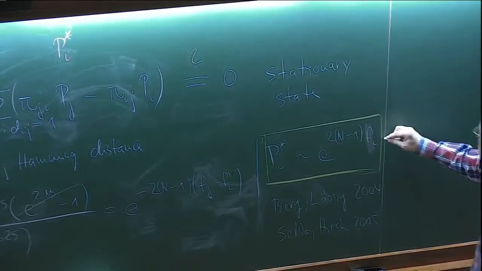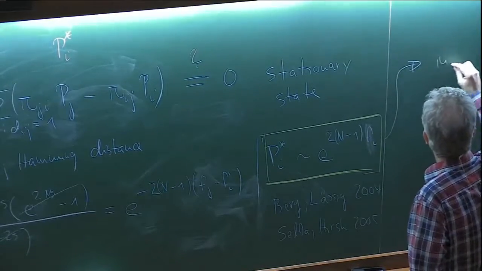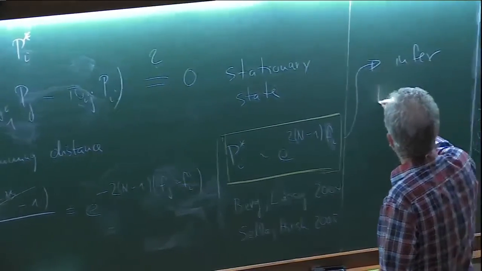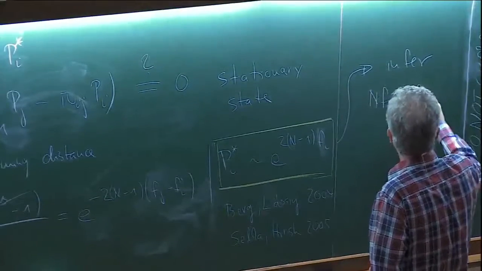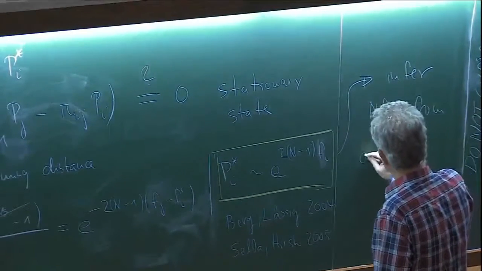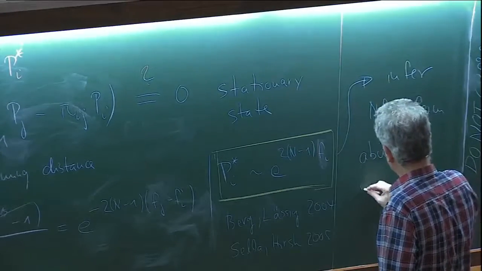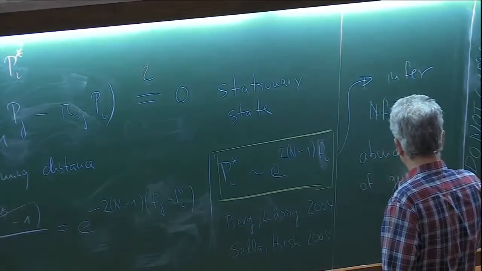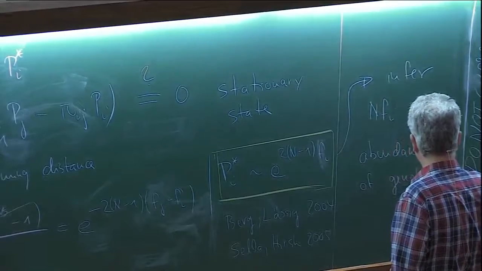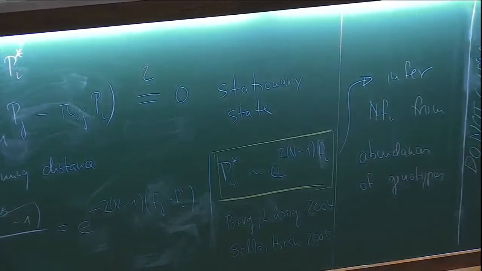So this allows you to infer n times fi from abundances, so to speak. And this is actually being used in various contexts nowadays, quite successfully.